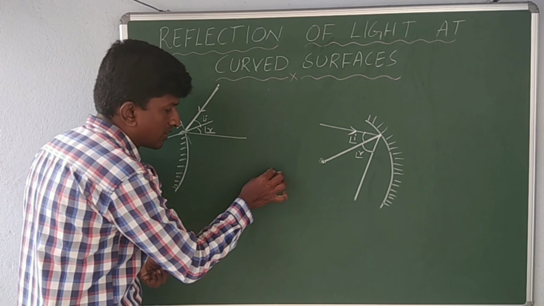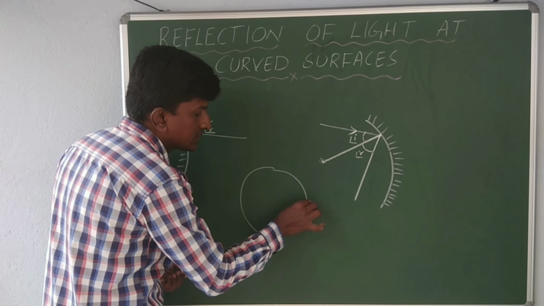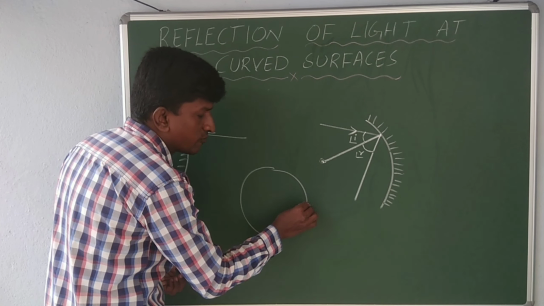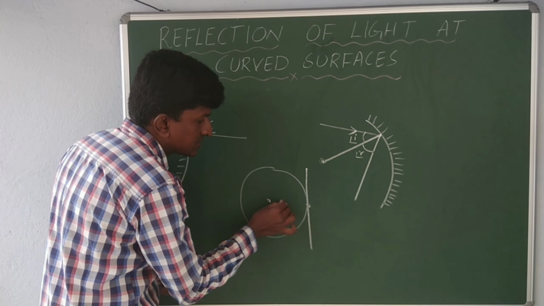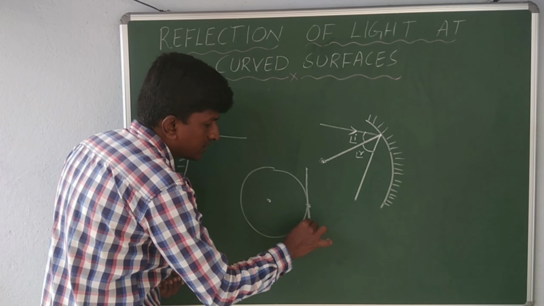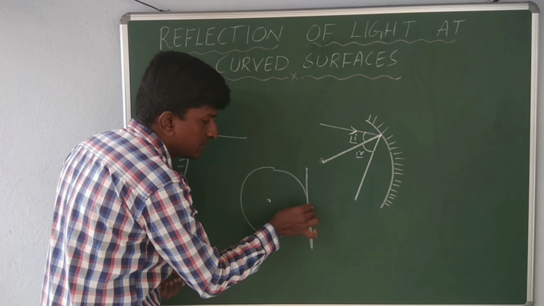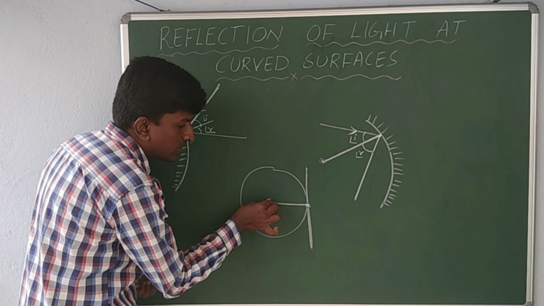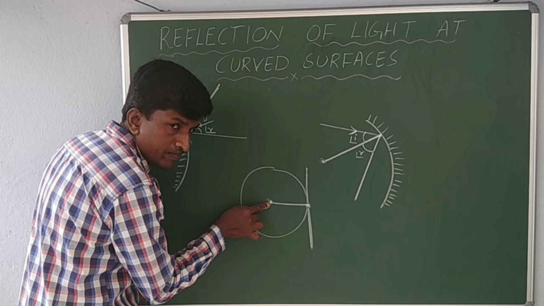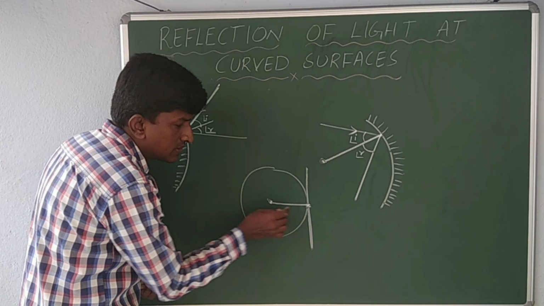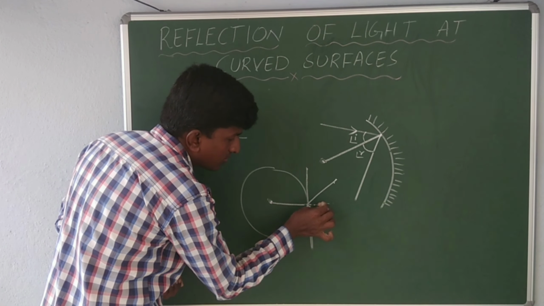We have already discussed that at any point the surface is tangential. Tangent is a line drawn at a particular point on the circle or sphere, normal to the radius. So here a light ray is incident, there is a normal line, and it gets reflected.